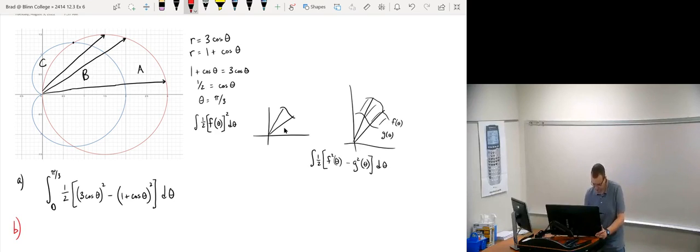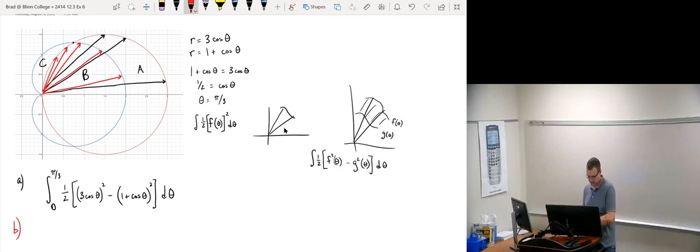Let me do B in red. So for B, okay, I'm drawing my thin wedges. And we can see these wedges wouldn't be the area between two curves now, they're just the area inside a curve, but we transition at that intersection point from one to the other.